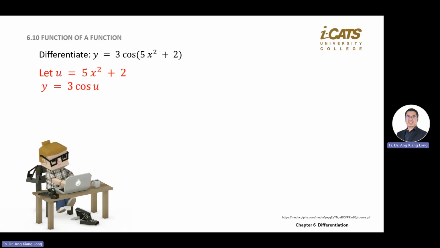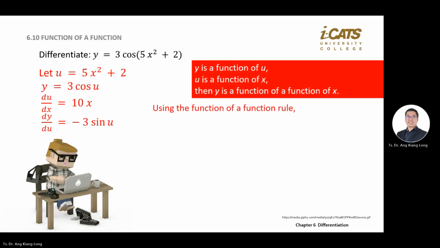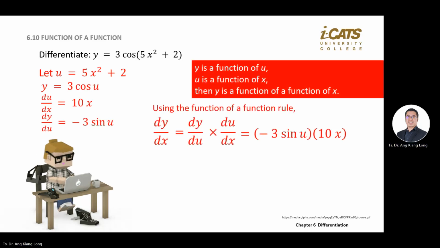It becomes a cos equation already. We want to narrow down and simplify the equation. The rest is using the equation again: dy dx equals dy du multiplied by du dx. So if you use function of function, you need to identify what your u is, then substitute back into the equation y equal to 3 cos u.